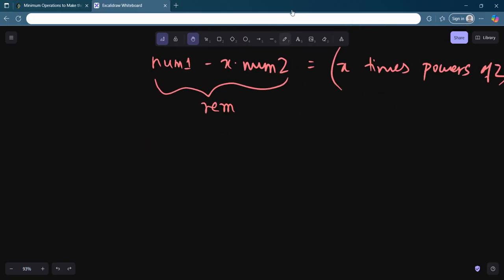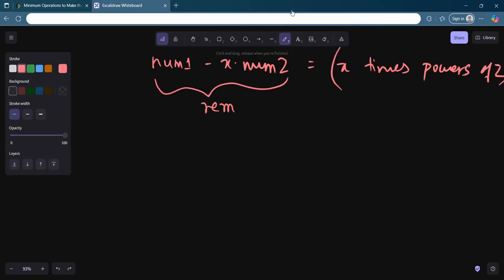Now let's say I am taking a totally different problem. Let's say I have this number 13 and I give you this number 13. You can subtract powers of 2 only. From the remaining also you can only subtract powers of 2, x times.